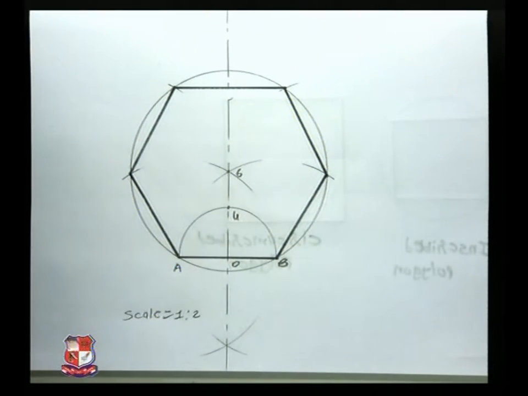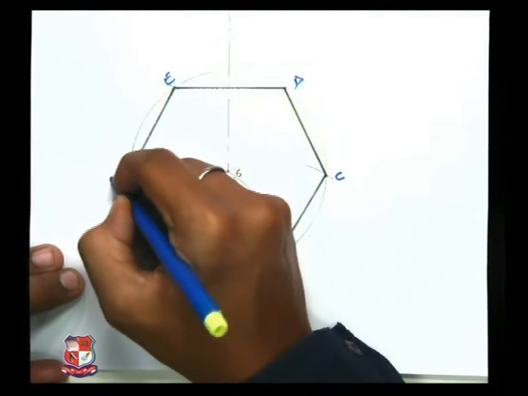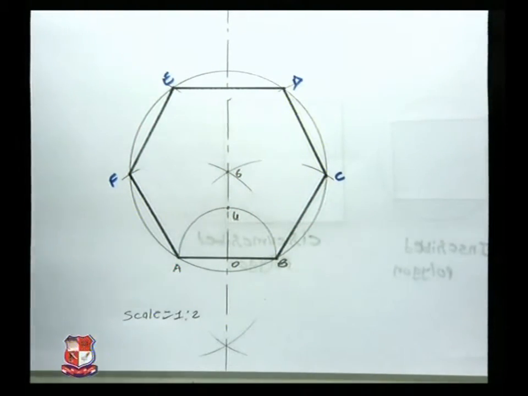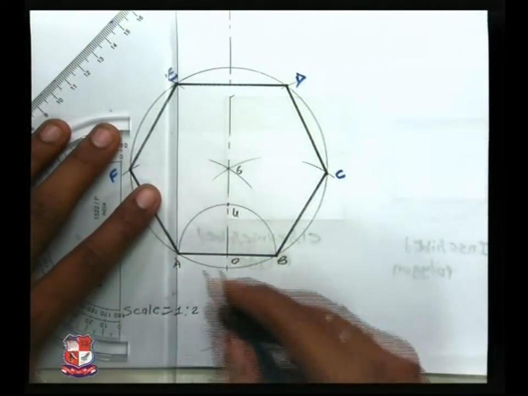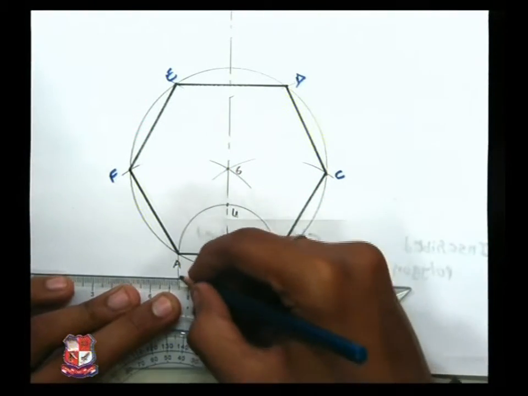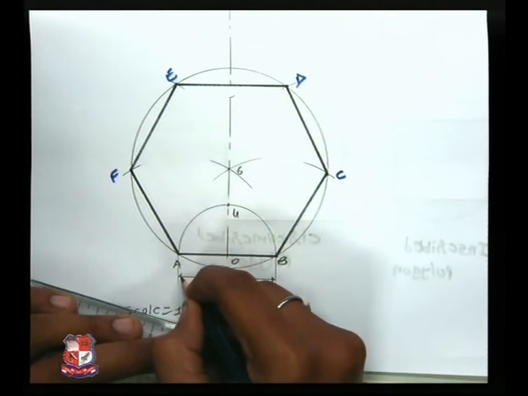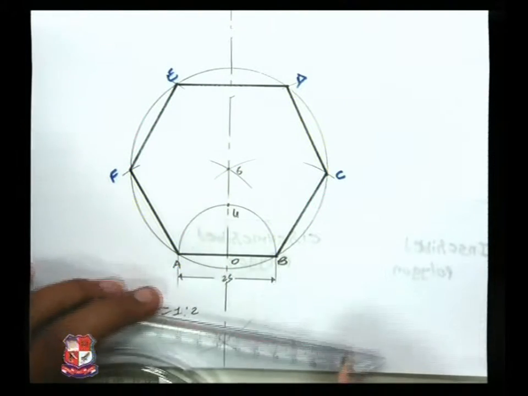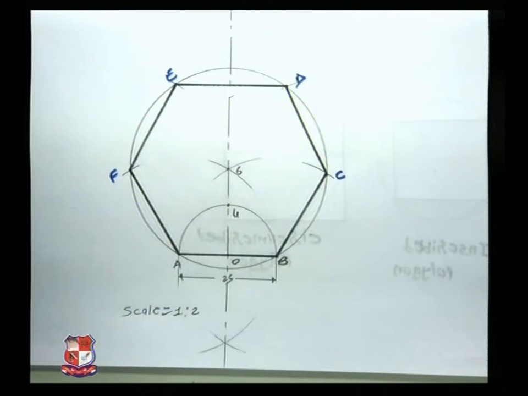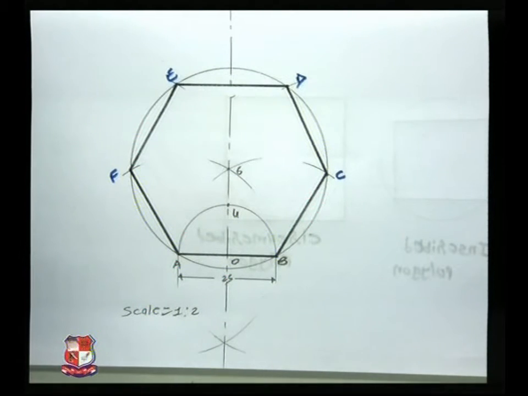Let's name this polygon A, B, C, D, E, F. We have given the nomenclature to the same. We will give the dimension also. The side length is 25 mm. So this is how you can draw a hexagon using the general method or universal circle method.